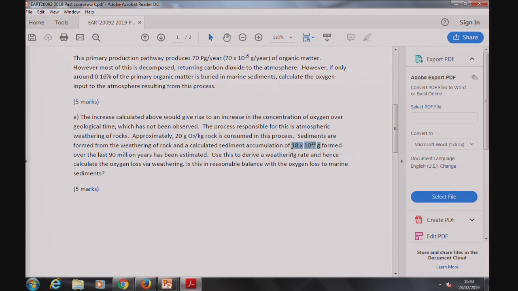That works out to be 20 times 10 to the 15, and that's grams per year. And we can also call that 20 times 10 to the 12 kilograms per year. Just taken 3 off there, divided by 1,000.